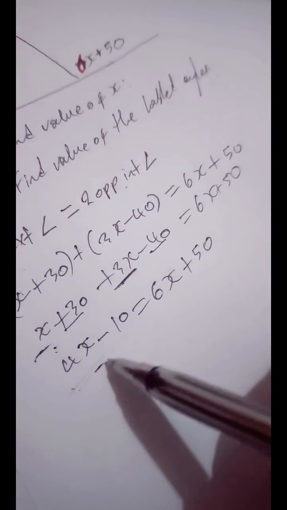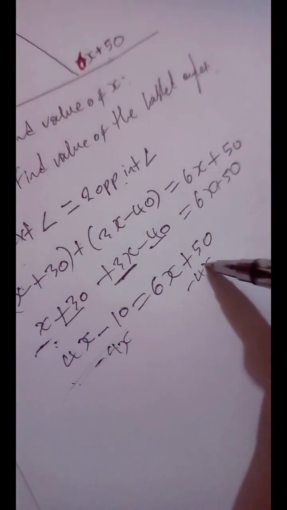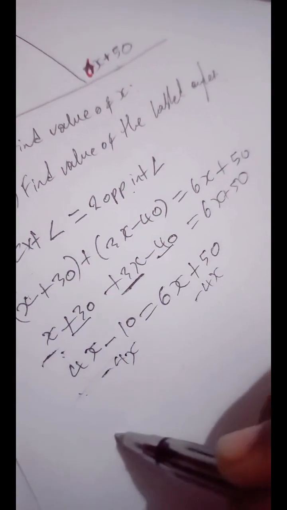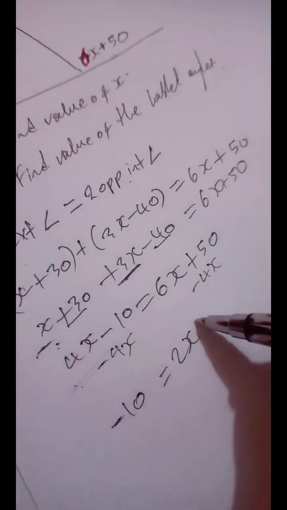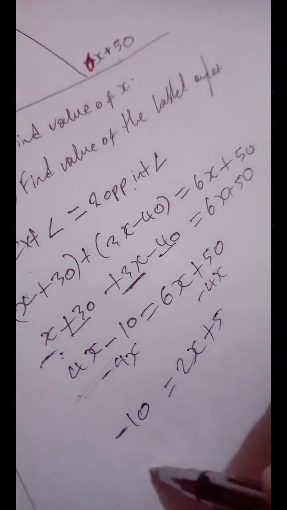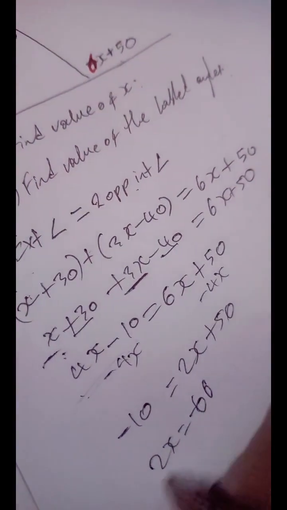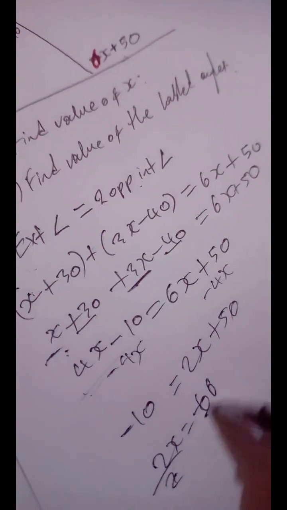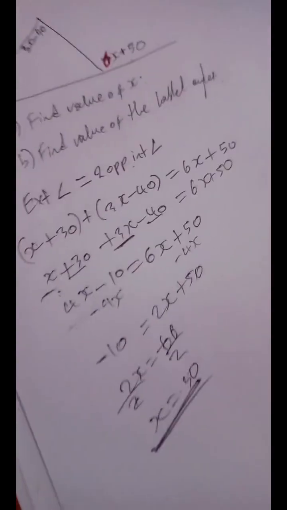Minus 4x, minus 4x. We are left with negative 10 is equal to 2x plus 50. 2x is equal to negative 60. Divided by 2, x is negative 30. Yeah, that's your answer, but that's not practical.